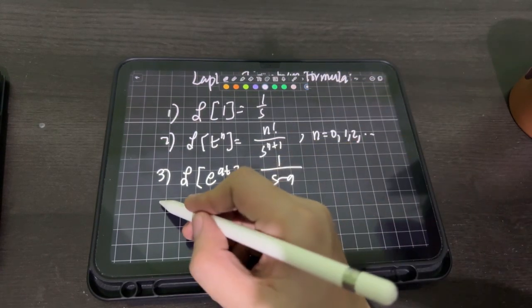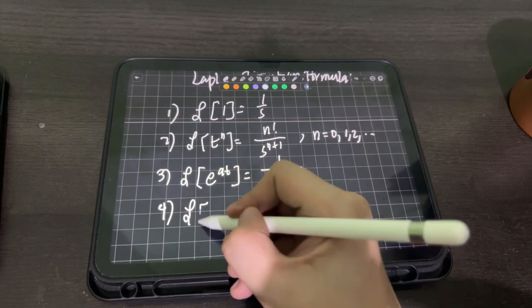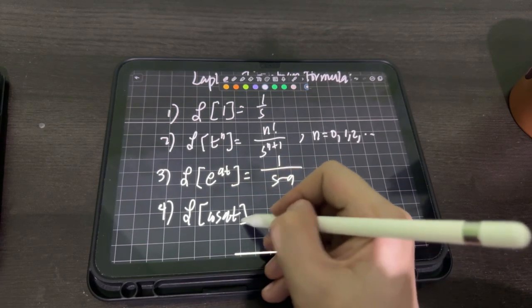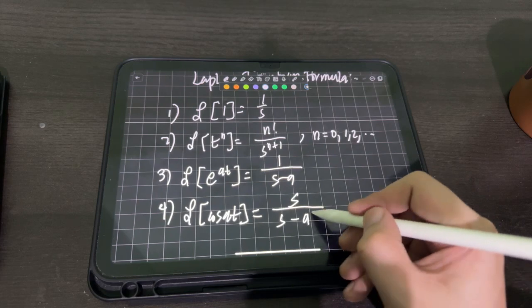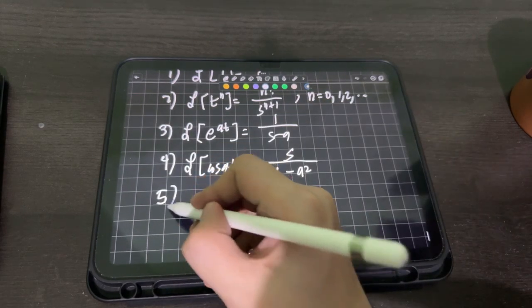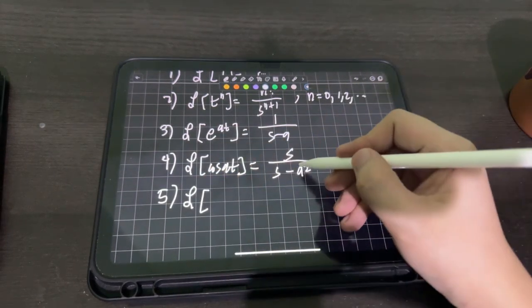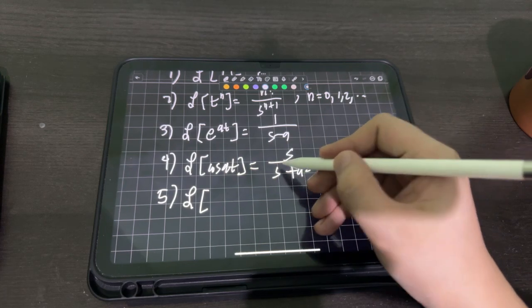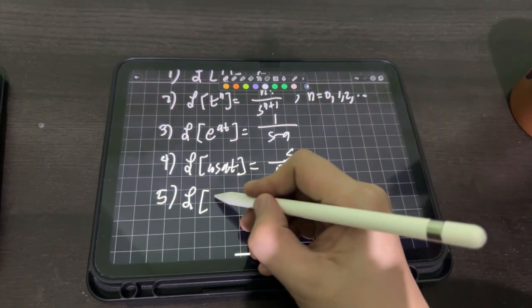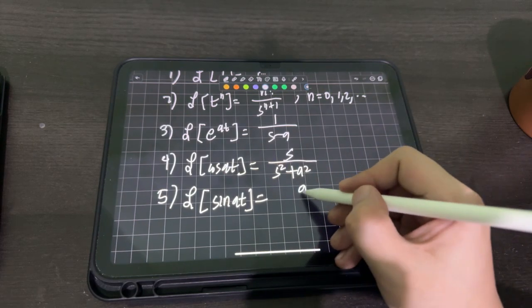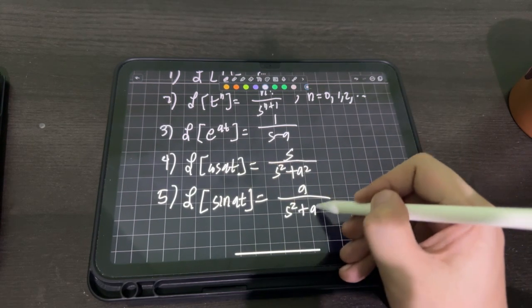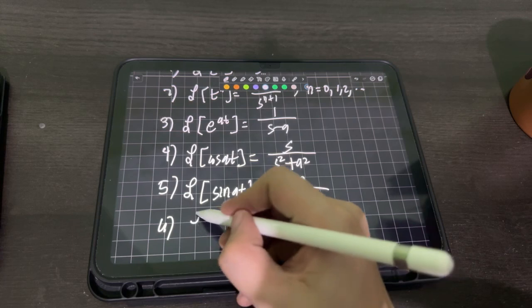4. Laplace transform of cosine at is s over s squared plus a squared. 5. Laplace transform of sine at is a over s squared plus a squared. 6.